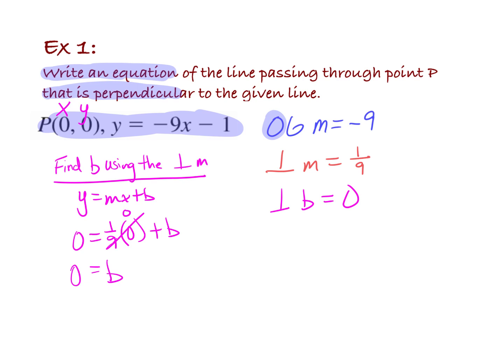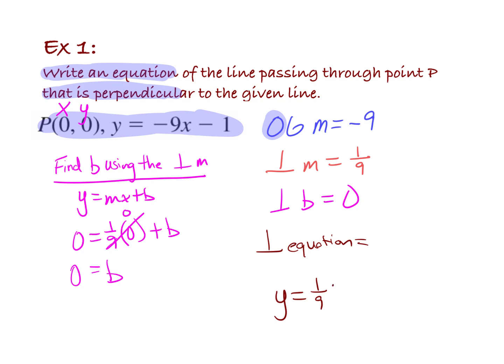Okay. All right. Last step is just to plug into the final equation. So we want the perpendicular equation. All right, so I'm going to come down here and I'm going to plug it in. Y is equal to, what am I going to plug in for the M? For the final. The perpendicular one, so it's what? 1 over 9, good.